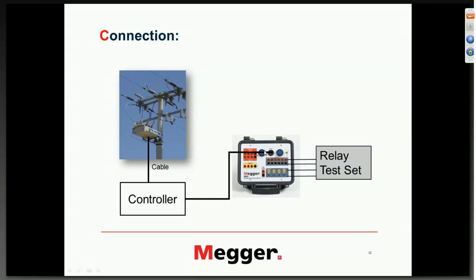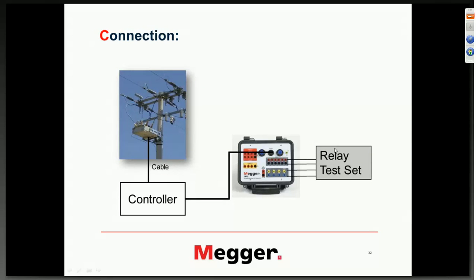Everything comes inside these 3 pins, either one of those 3 pins. You will not be using all 3 pins at the same time. From the controller, it comes inside here, and you would have all the connections, the CT and PT connections, and everything distinguished inside of it, and from here it goes to the relay test set.